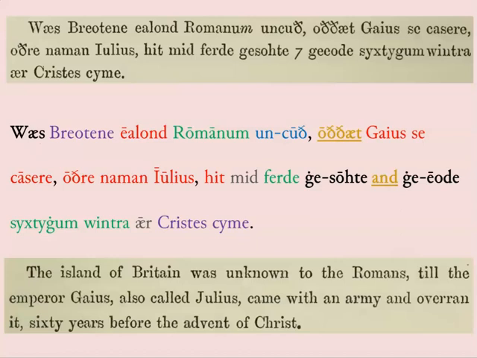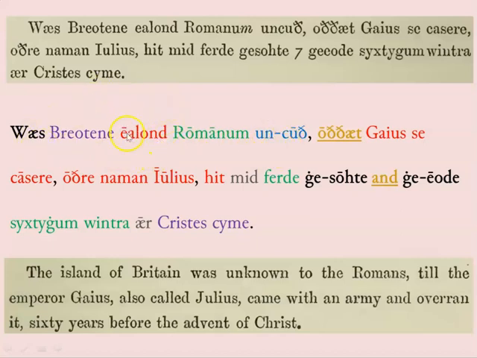So, like you might tell a group of people, "Be quiet." Notice the verb comes first. It's emphasizing the "be" and then "quiet." So verbs come first to make statements, to make commands. And so in this case, Bede is making a statement: "was bereotena eolondo romanum uncus."